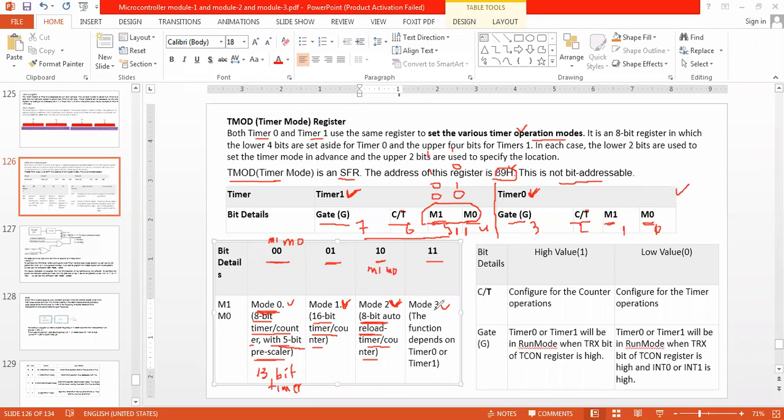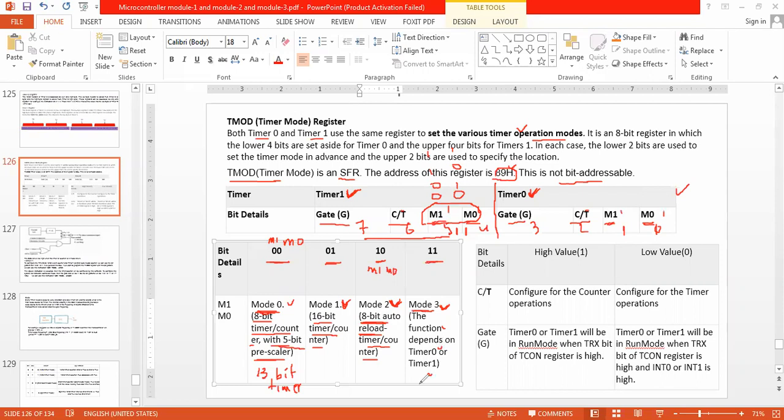Then mode 3, you have to remember all these things. Mode 3 operation is when I write 1 and 1 here. Then the function of mode 3 depends upon timer 0 or timer 1. We will see all these things.